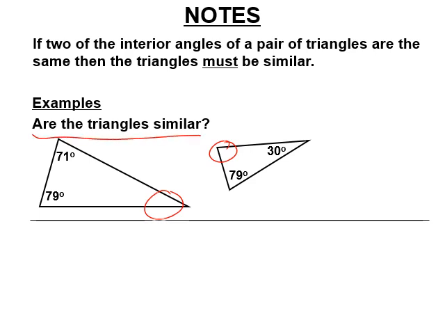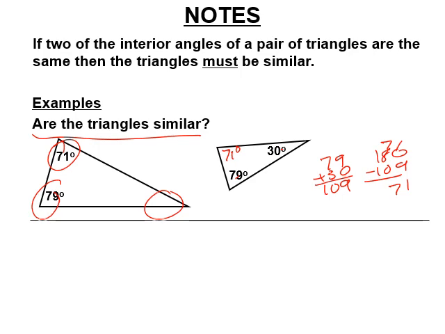Are the triangles similar? Let's see. 79 plus 30 is 109. So that missing angle, we're going to subtract it from 180, is 71 degrees. Ooh, over there, right? We have 2 angles that are the same.